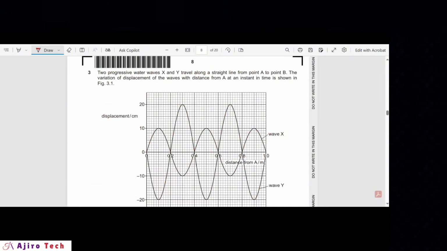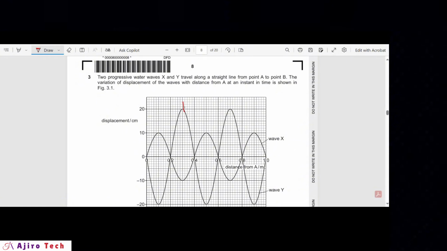The fluctuation of displacement of the waves with distance. So we have displacement against distance, which means that the horizontal distance along this line will give us the wavelength.